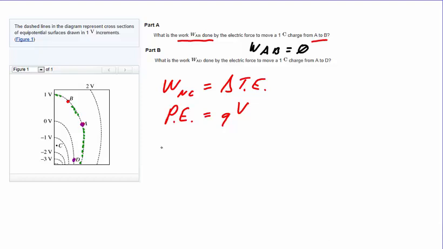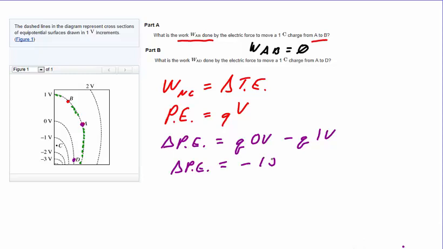Therefore, we can say that the change in potential energy will be equal to the after potential energy, Q times 0 volts, minus the before potential energy, which is Q times 1 volt. Since the charge is 1 coulomb, we find that the change in potential energy in moving from one place to another is negative 1 joule. And that will be equal to the work from A to D.